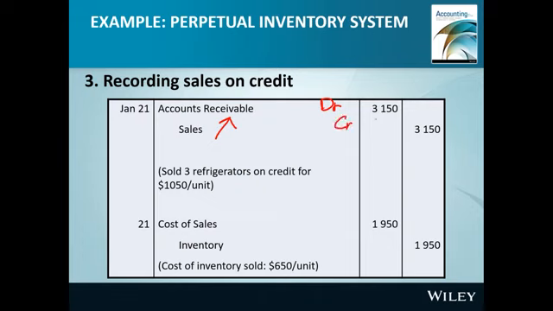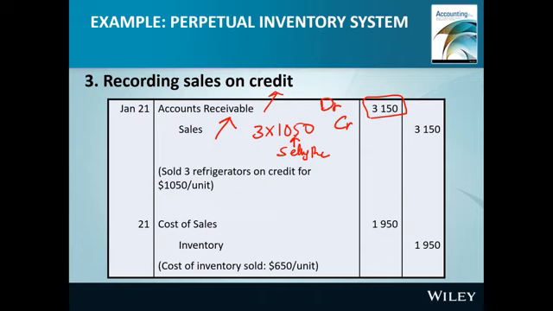So this is the sales, maybe 3 units multiplied by 1,050. This is the selling price. So you expect to receive money from your customer maybe within 14 days, 3,150.